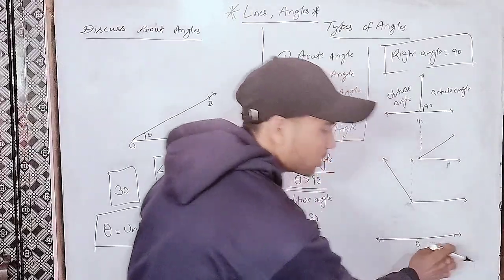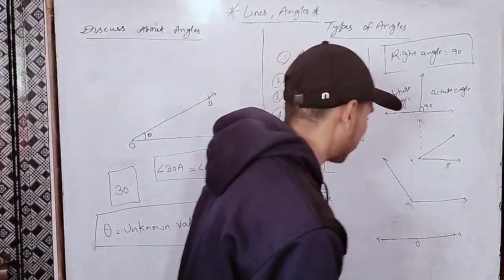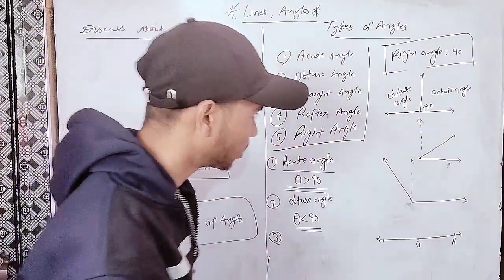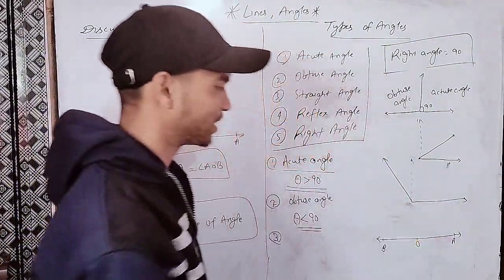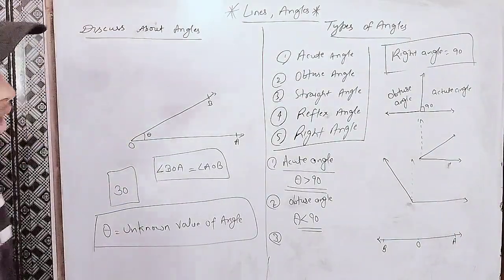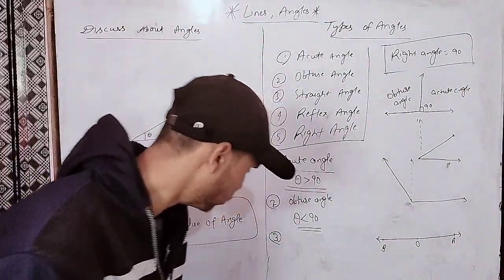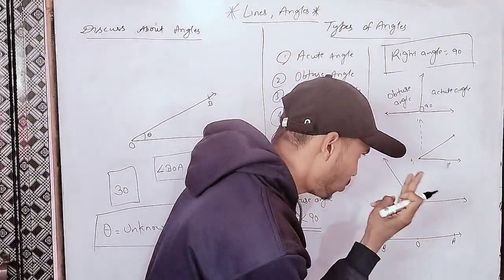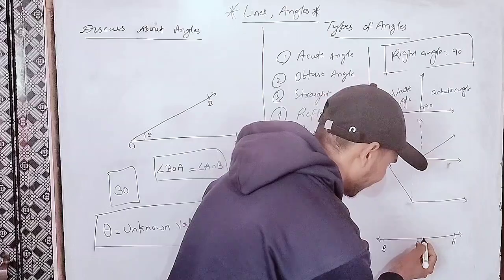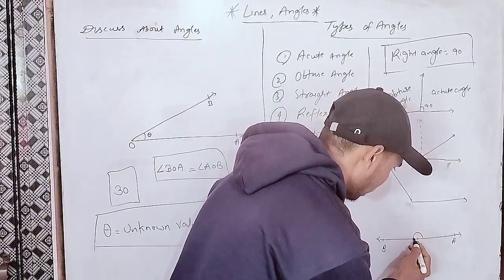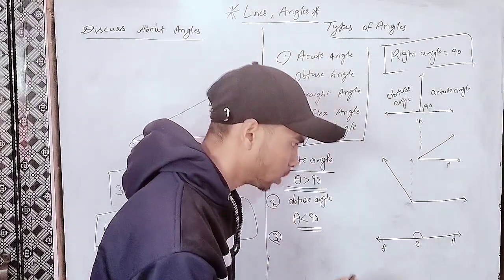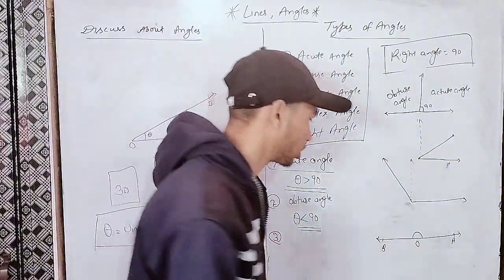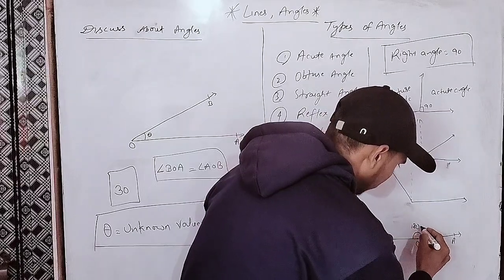This is the initial ray line, which is named A, and this is a terminal line with the name of B. Now we have two ray lines. That's why we have angle. So our rotation of two lines is with a rotation of 180 degree.